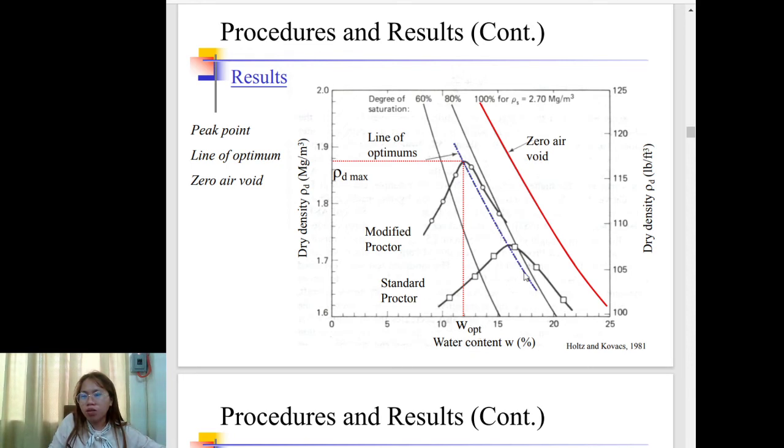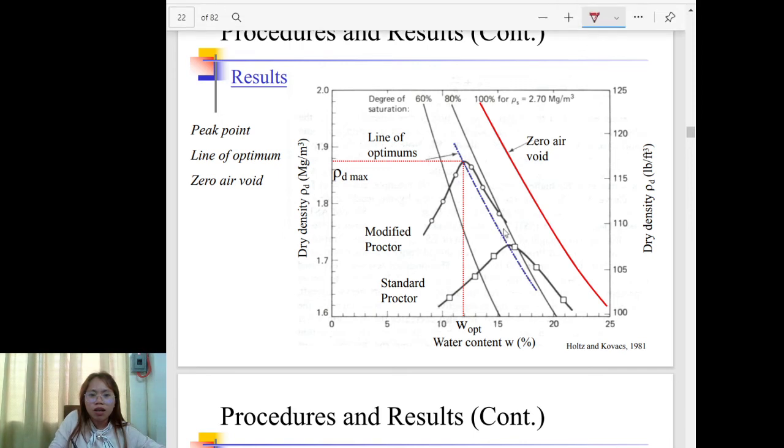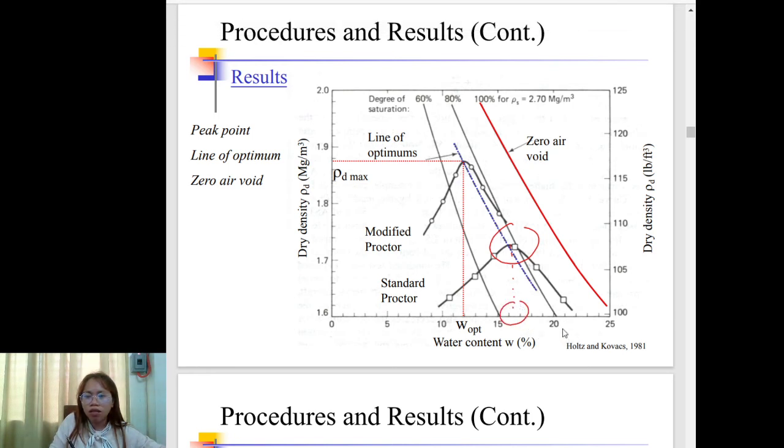In standard Proctor, increasing water content, this is what is called the maximum dry density. This is the maximum dry density. If you trace that one, at this point here is your optimum moisture content.